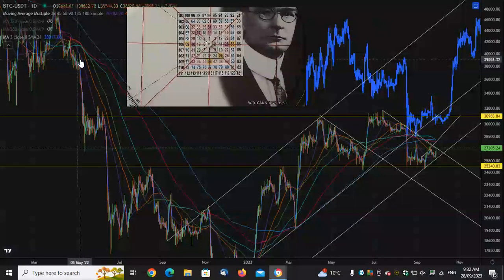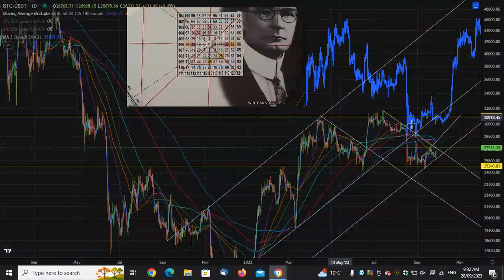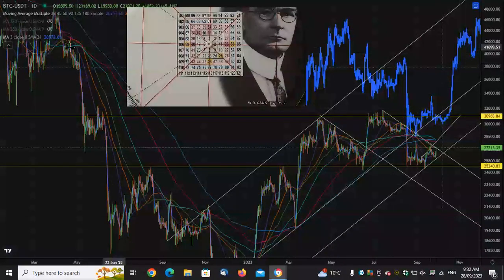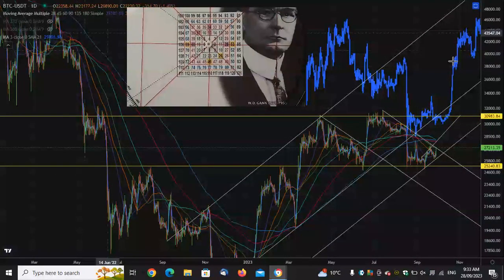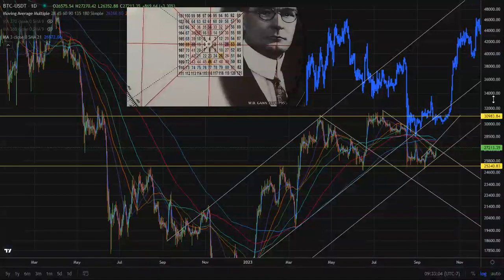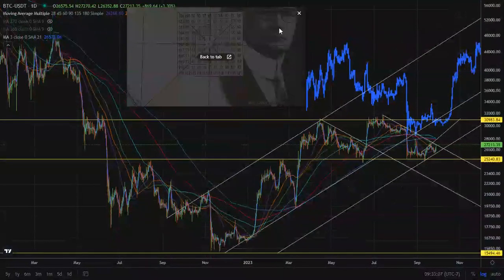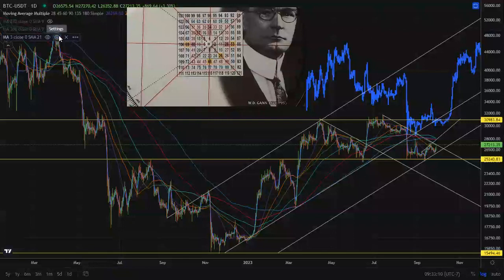If we were to make a major move up above this level right here, then our next point would be 40. From there, if we were to not suffer a reaction, our next level is this 48 right here.